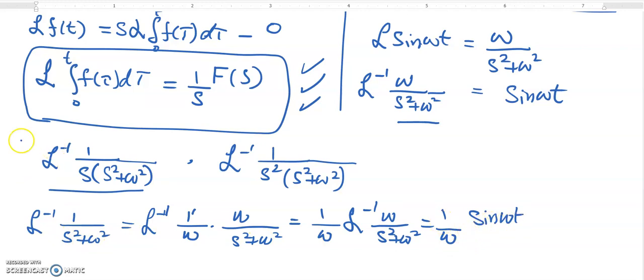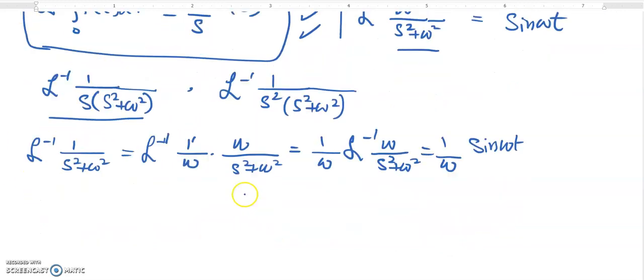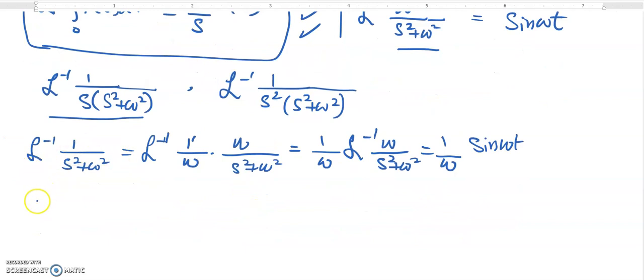Okay, so now we want to find the Laplace inverse of 1 over s into 1 over s square plus omega square.